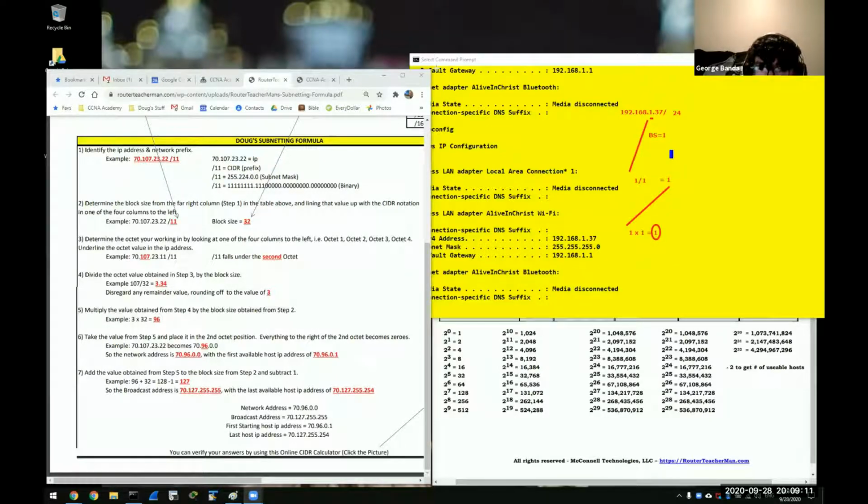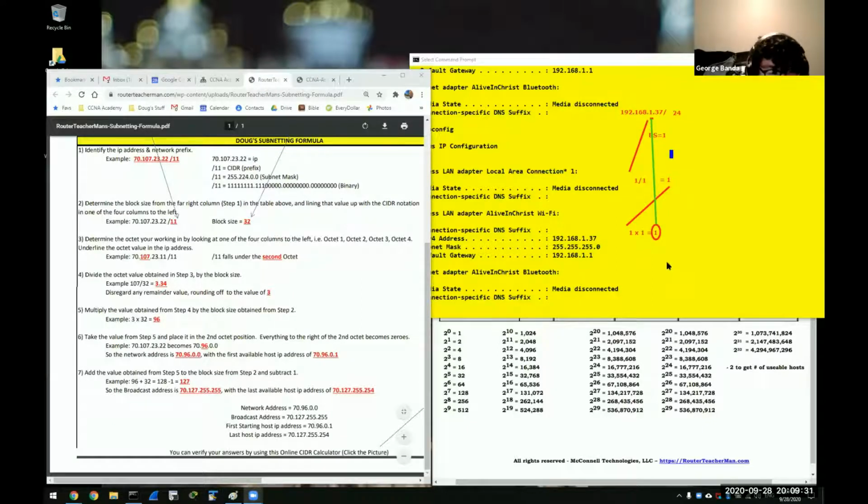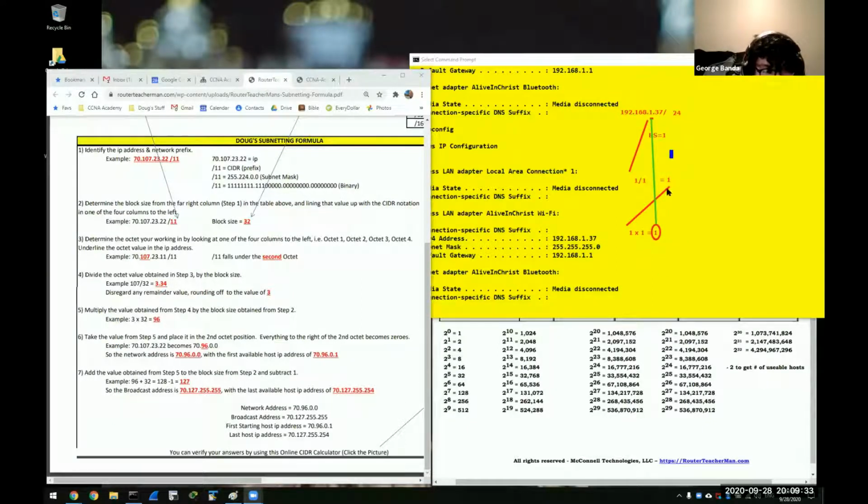Where do we put it? In the third octet. Well, it's already 1. It's already there. So did we accomplish that step? Yeah, we did.